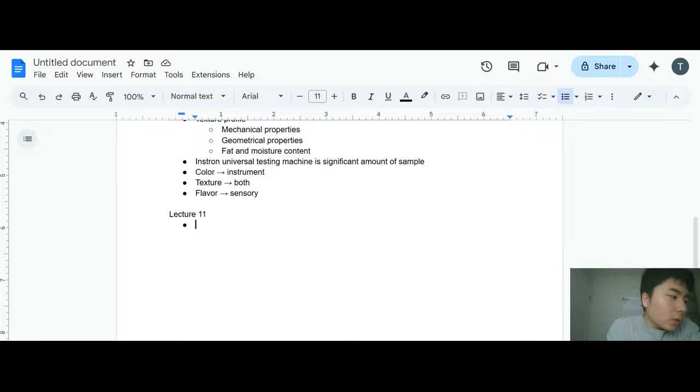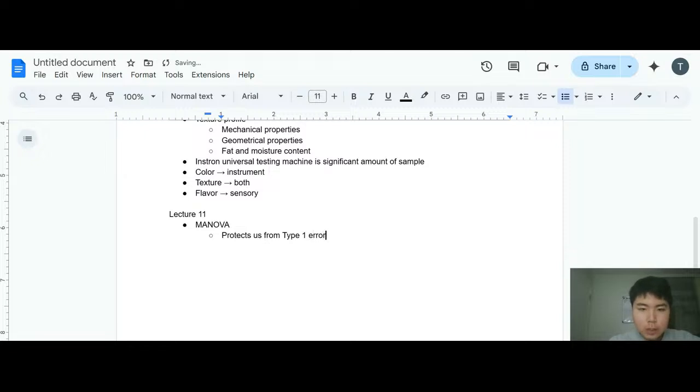MANOVA performed first protects the statistician against an inflated overall type 1 error rate that can be brought about by a high number of individual ANOVAs. MANOVA protects us from type 1 error.